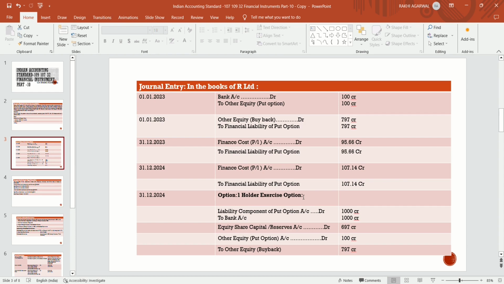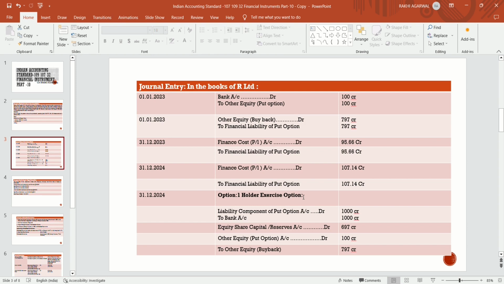So bank account debit, and it will credit other equity, that is the premium received for entering into an option contract. So it will credit other equity, put option, 100 crores, which is to be adjusted when the transaction is settled.